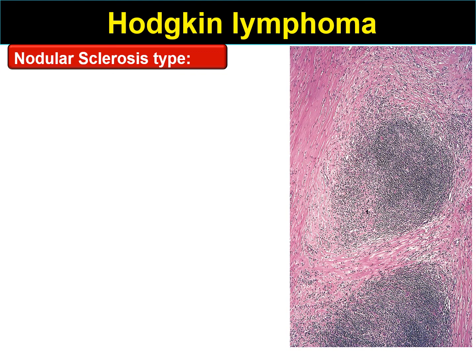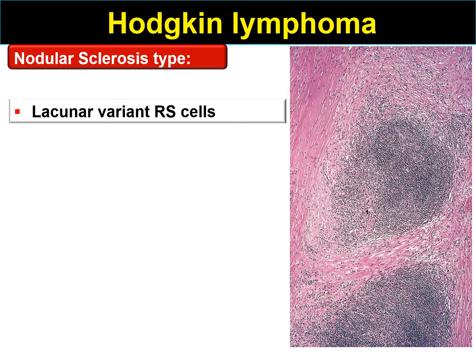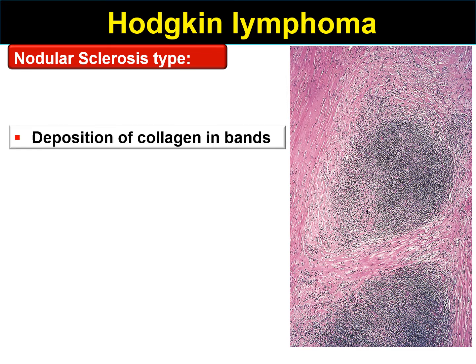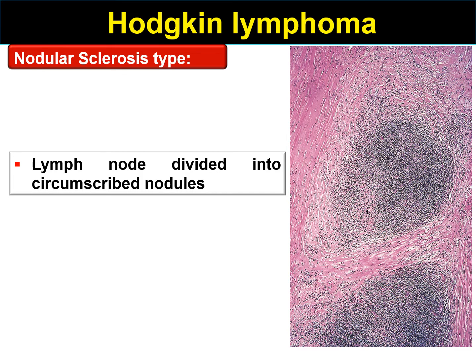The most common type of the Hodgkin lymphoma is nodular sclerosis type, and it comprises about 65 to 70% of the cases. This type is characterized by presence of lacunar variant of Reed-Sternberg cell, and there is deposition of abundant collagen that is present in bands, and they divide the lymph node into circumscribed nodules.